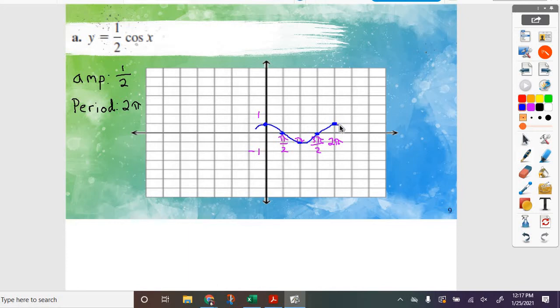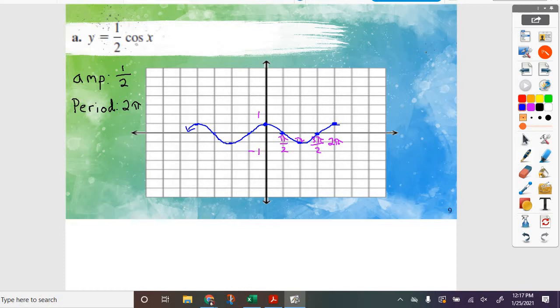So basically, it compressed it by 1/2. And again, remember that if I wanted to continue on the graph, we would just continue the pattern.